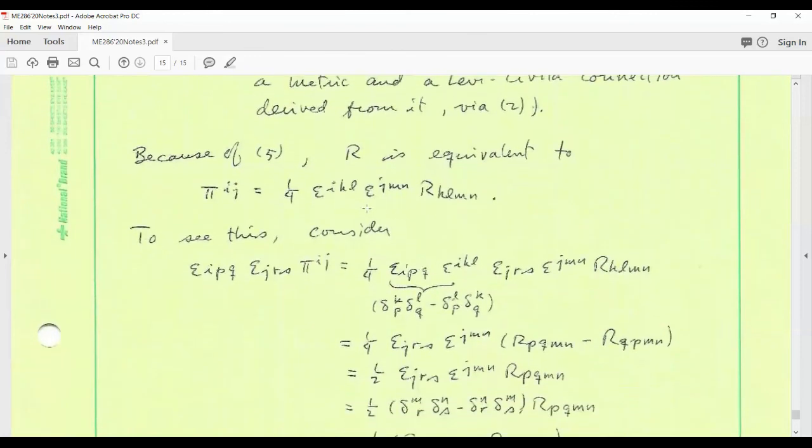So I'm claiming that these two tensors are equivalent. So saying that the Riemann tensor is 0, which is our compatibility equations, is equivalent to saying that this tensor is 0. That's a lot less to worry about, because this is simply then 9 equations, right? The second order tensor is associated with 9 quantities.